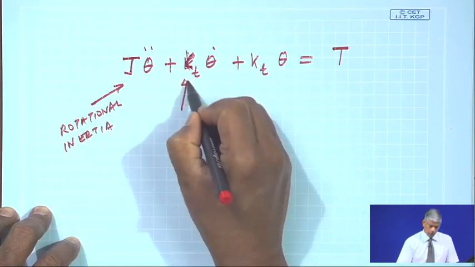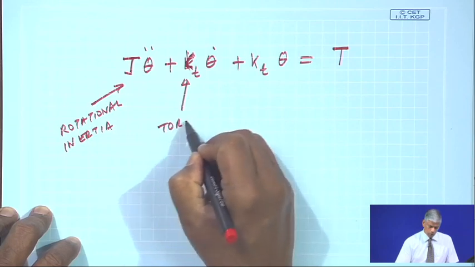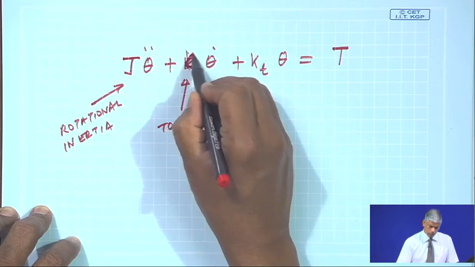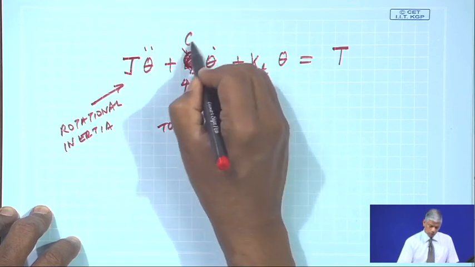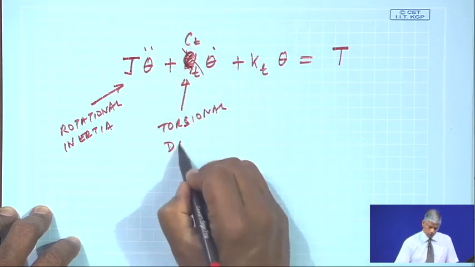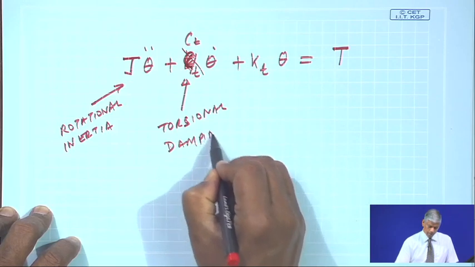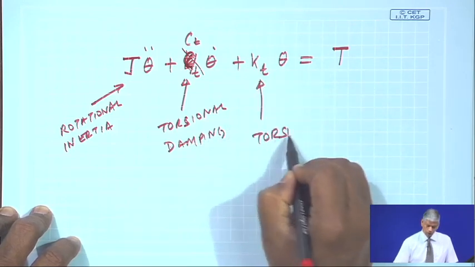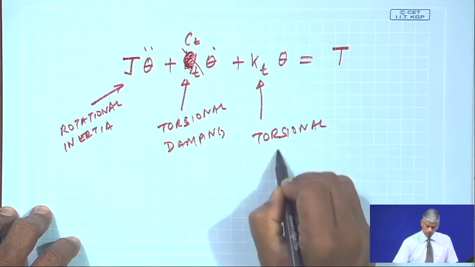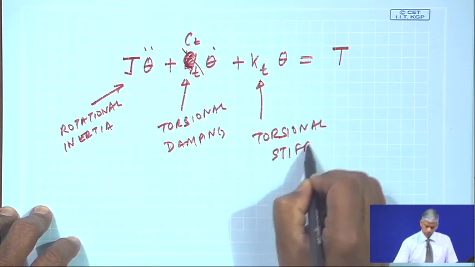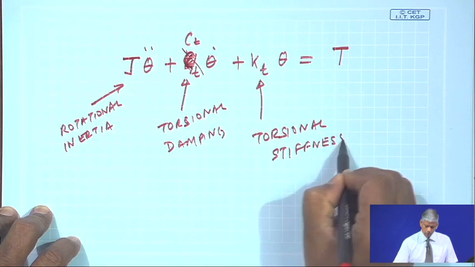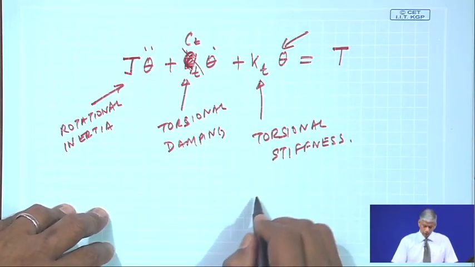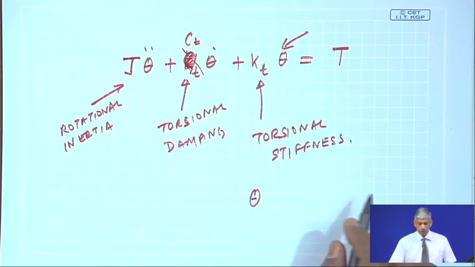This is the torsional damping C_T, and this is the torsional stiffness, and theta is the response in the angular domain.